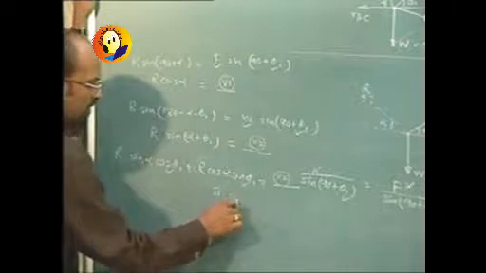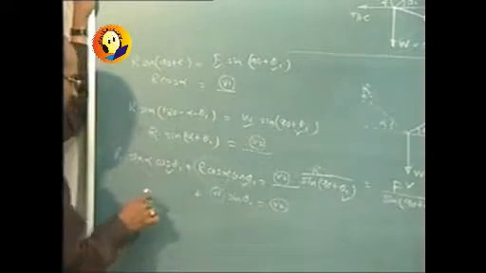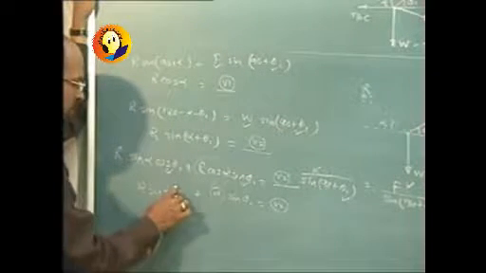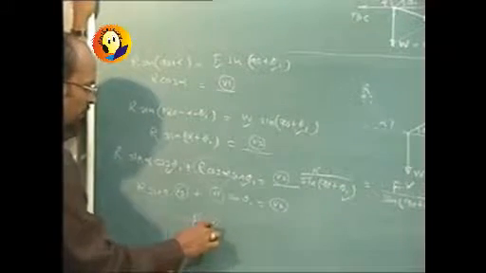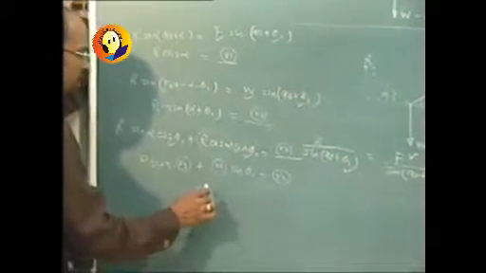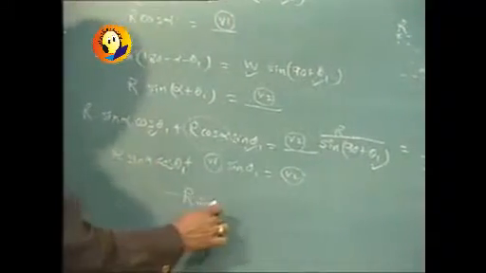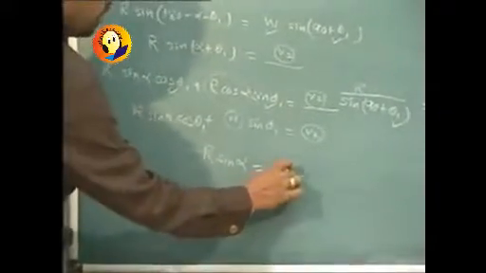So value 1 sin theta 1 equal to value 2. And on the left hand side it is R sin alpha into cos theta 1, say value 3. So I can find out numerically the value of R sin alpha, which is say value 3.